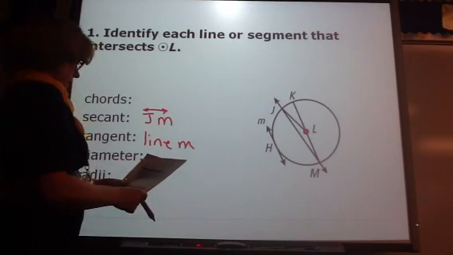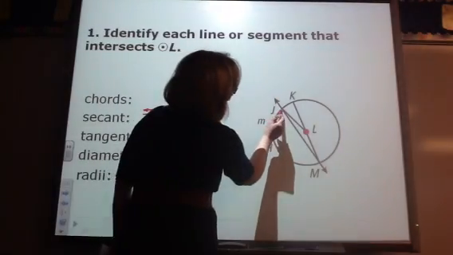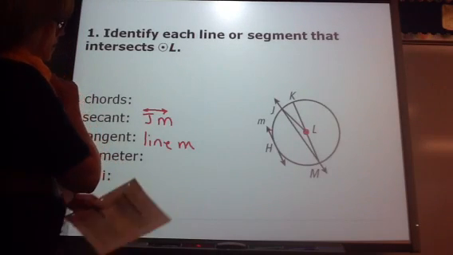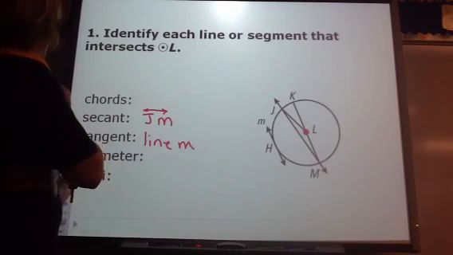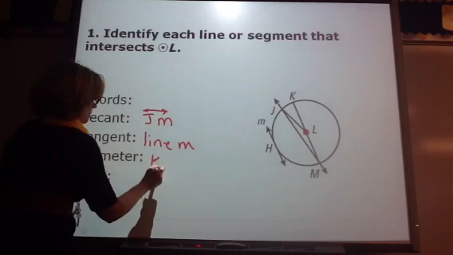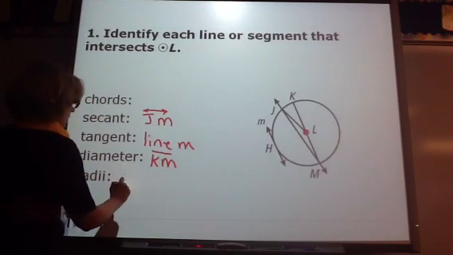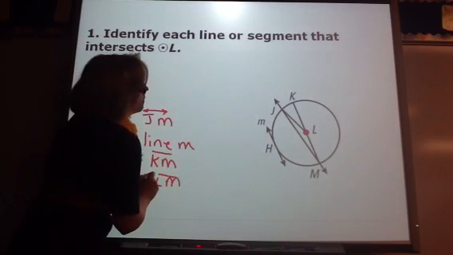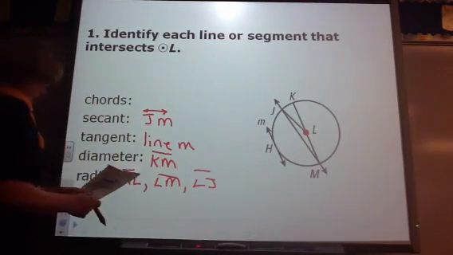Okay, and then we have KM is a chord, and actually the diameter is KM, and the radii are KL, LM, or LJ.